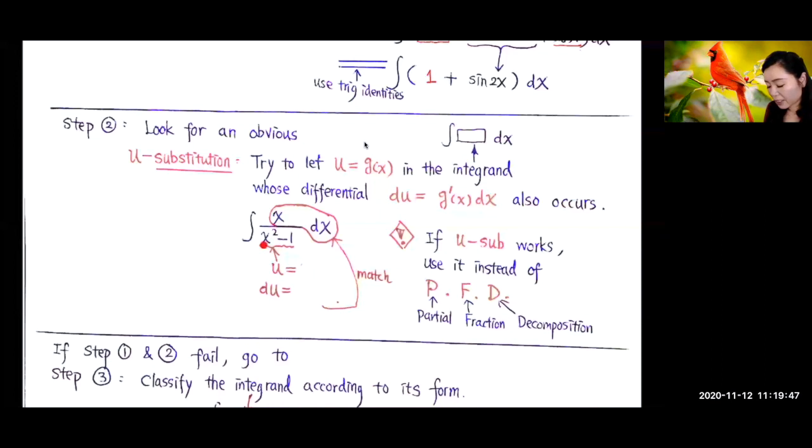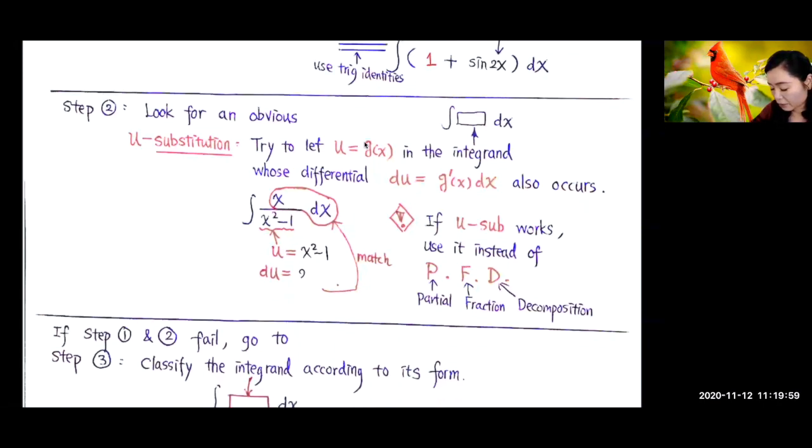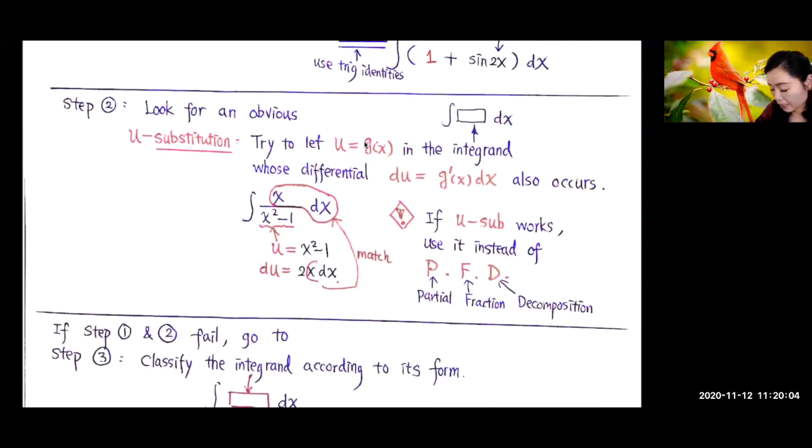For example, over here, if I let u be x squared minus 1, then du is going to be 2x dx. And this x dx over here is going to match with this x dx over here. So we make the right choice to let u equal this, because du has this expression that matches with this over here.